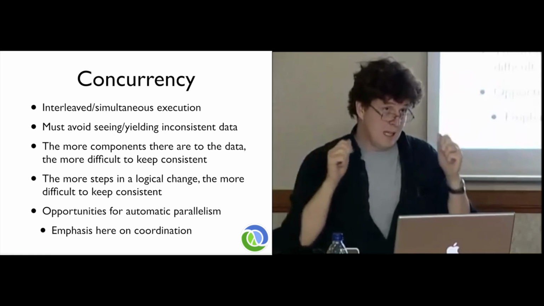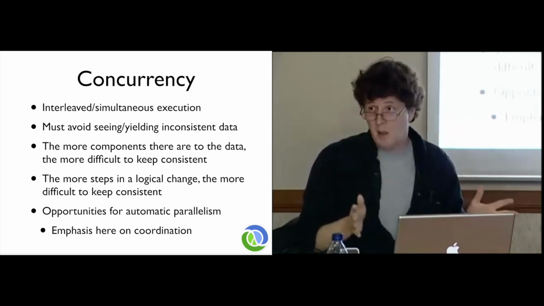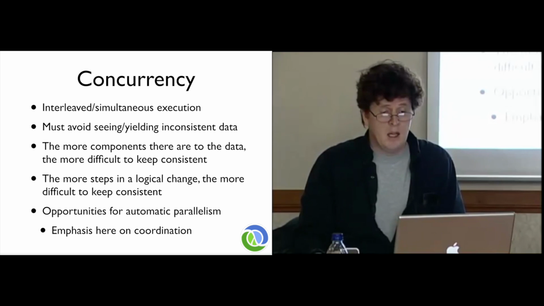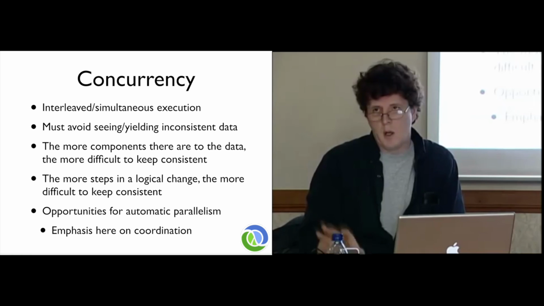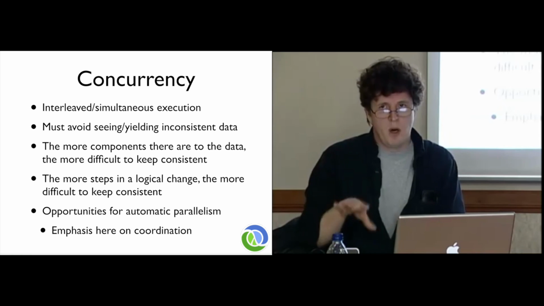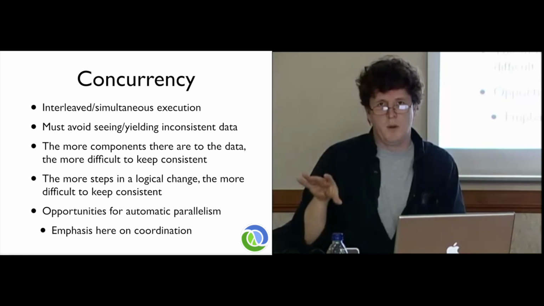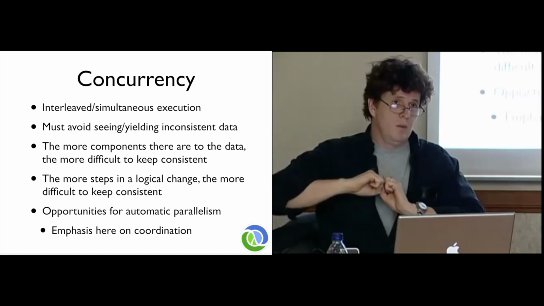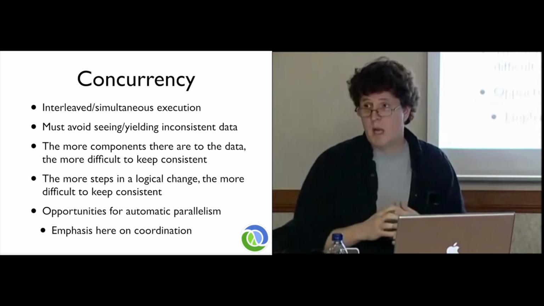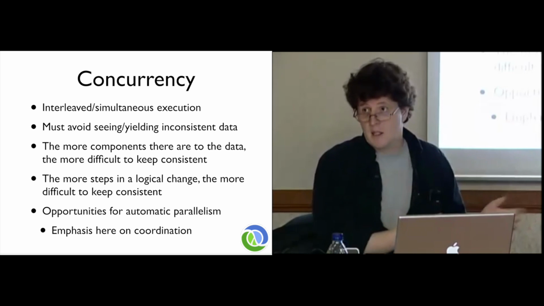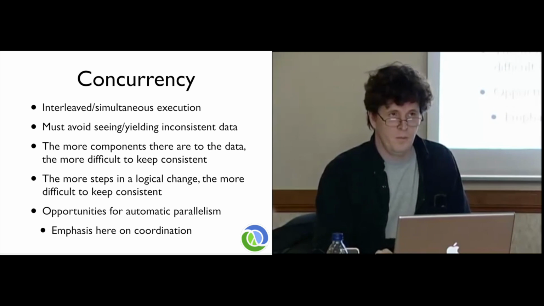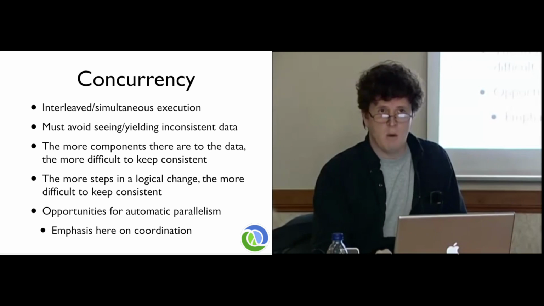Clojure doesn't do anything like that. It's not really a parallel programming language. And so the emphasis here is going to be on the coordination aspects of programs that are concurrent, where the concurrency comes from your deciding to execute things simultaneously, not the systems deciding to do that. Everybody get what concurrency is about, what we're talking about today?